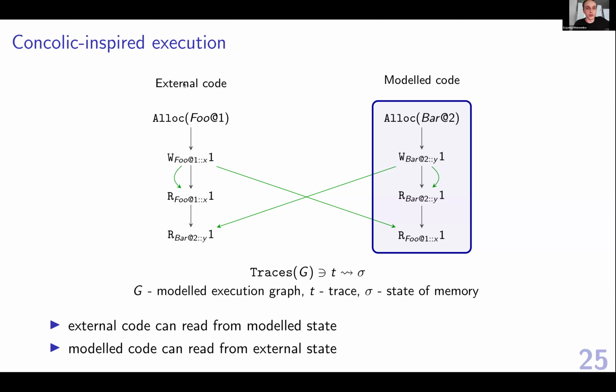And there is external code, which is not instrumented. Although on this picture I showed the events that happen there, in the model checker we don't track these events. We don't have any way to see these events in the algorithm.